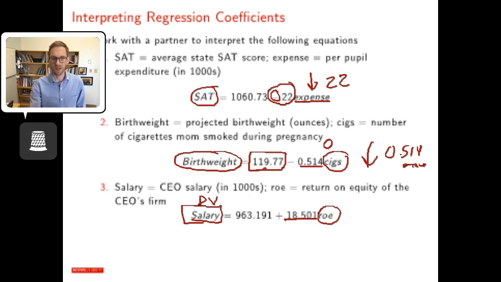And this is in the thousands. So if they have zero return on equity, their average salary is going to be close to $1 million, right? But for each one, we get about an $18,000, almost $19,000 bump. So that's how we're interpreting regression coefficients. Hopefully you're able to follow that intuition. And there are other examples in your book that you can go through.